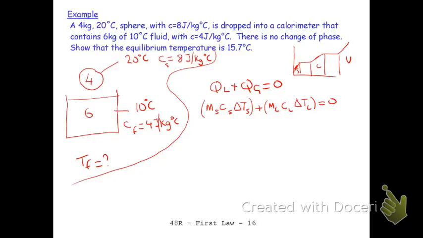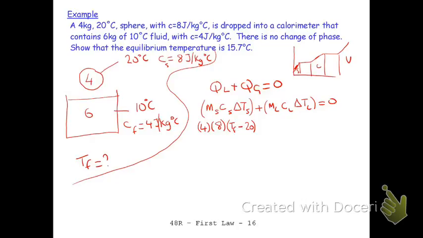So the mass of the sphere is 4, and the specific heat of the sphere is 8. And the temperature change for the sphere, I don't know. But with temperature changes, like all changes, we tend to do T final minus T initial. So let's just call it T final minus, and the T initial was 20. Now T final will be less than 20, so that's going to be a negative bit.